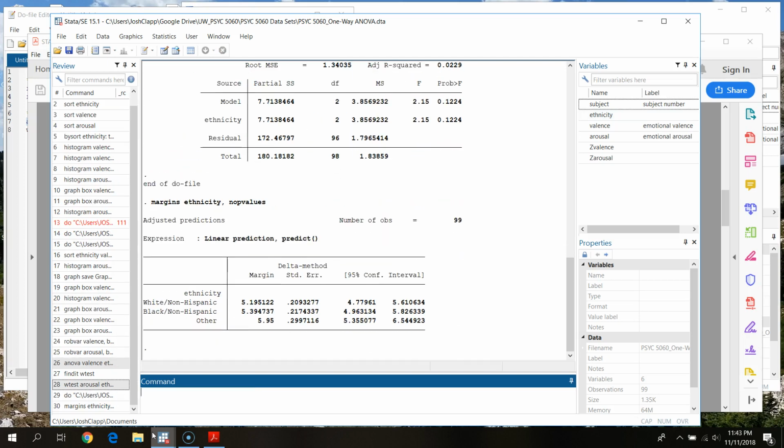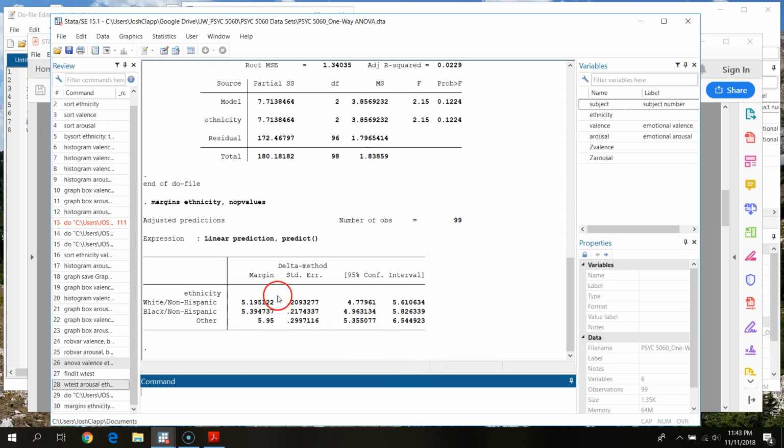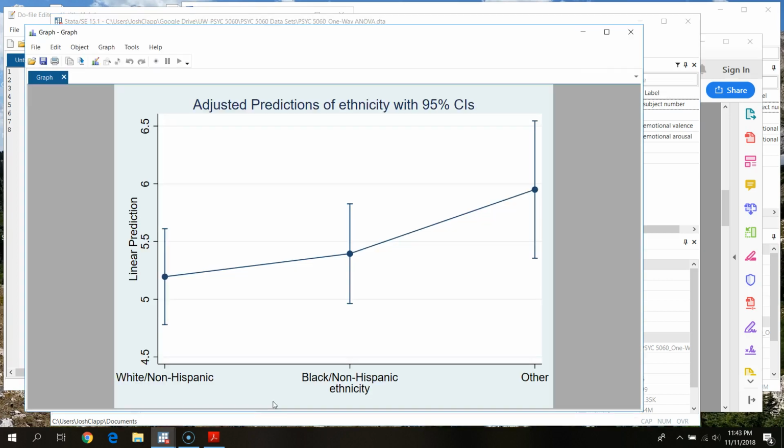So this is just going to give us our means for each one of our groups, as well as confidence intervals around those means. And then what I can do is I can go margins plot, and this gives us a really nice graphical representation of differences in our mean values across groups.